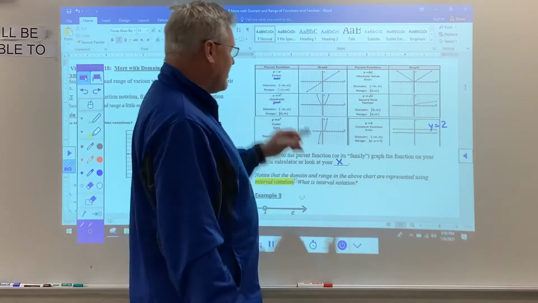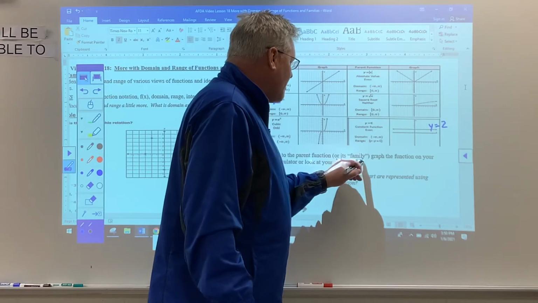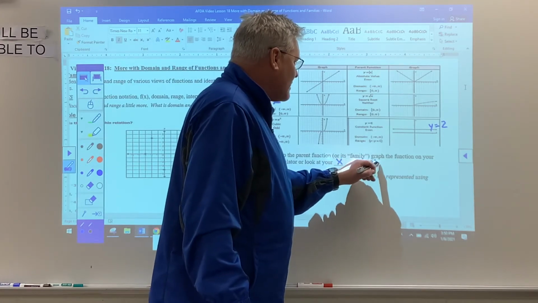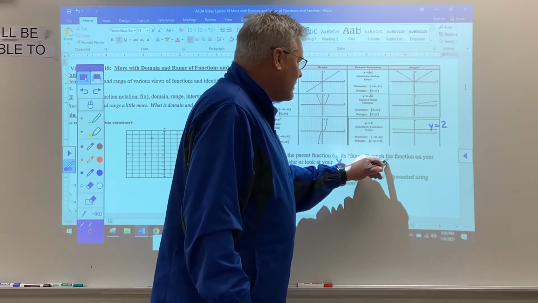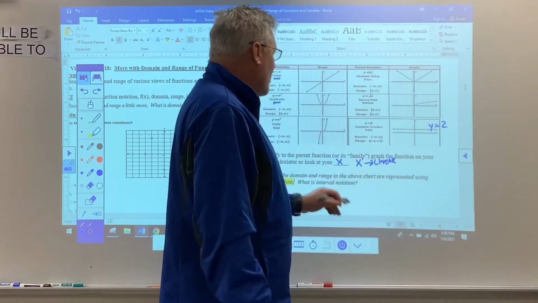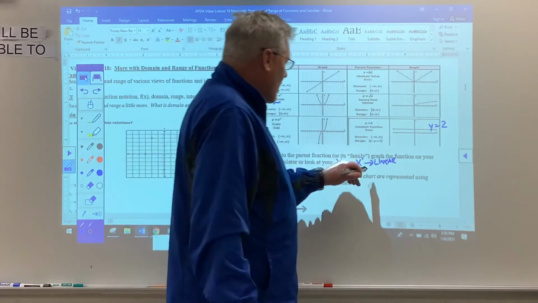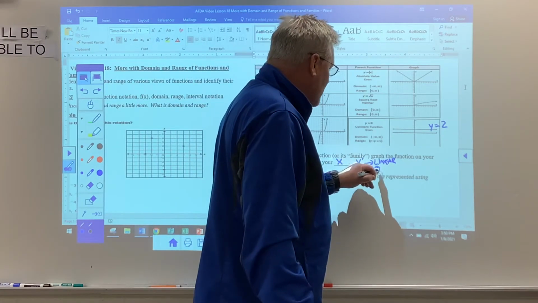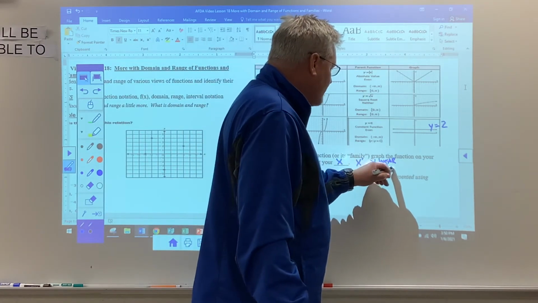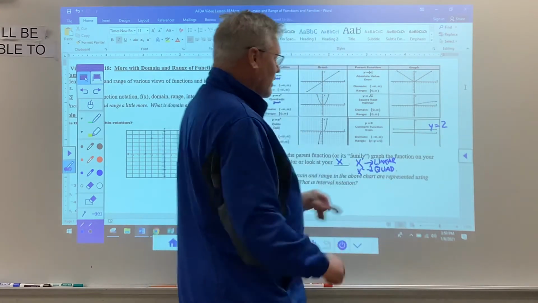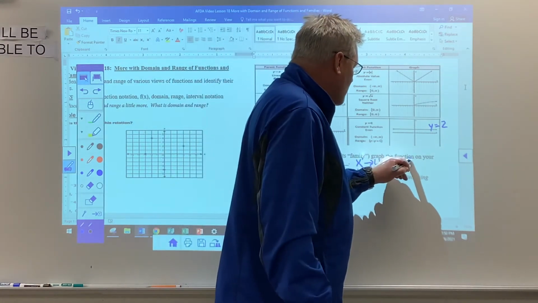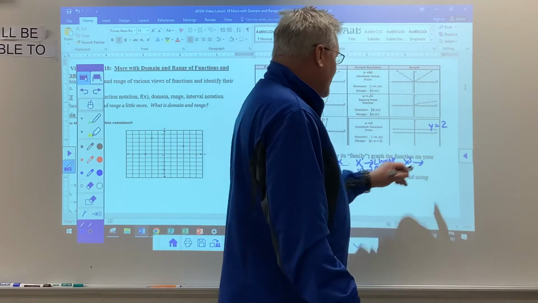So that x right there has an exponent of 1, and it makes a line. So that's a linear function. X to the second power right here, that's a quadratic. I'm going to abbreviate that. X to the third power makes a cubic.